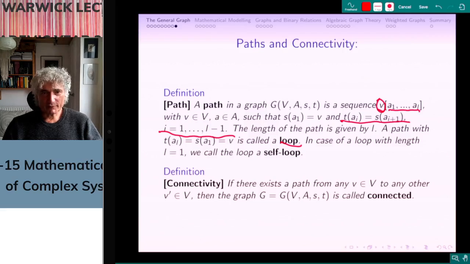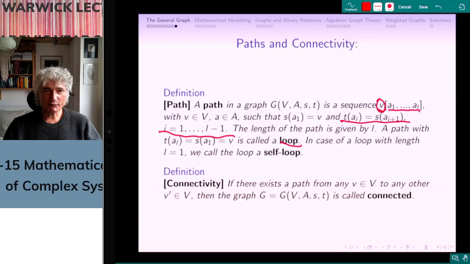With the help of the path definition, you can now define connectivity. So it's clear what you have to require. You just take 2 arbitrary vertices out of the vertex set of the graph, and if the graph is to be connected, then you require that there is a path between these 2 arbitrarily selected vertices. Now, of course, this definition doesn't take into account the direction of the arrows as such.